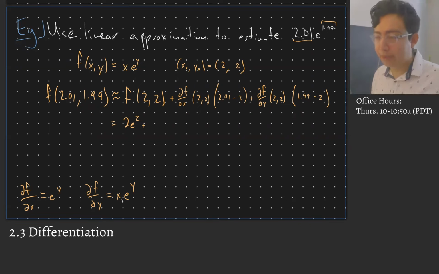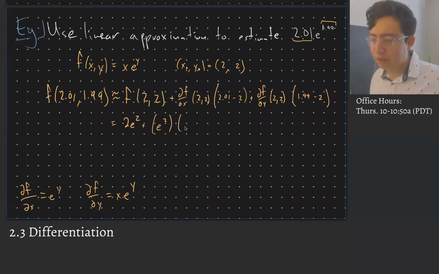Then we'll plug in 2 when we get there. So here, this is e squared times 2.01 minus 2, which is 0.01. Then 2e squared, and then we have negative 0.01.